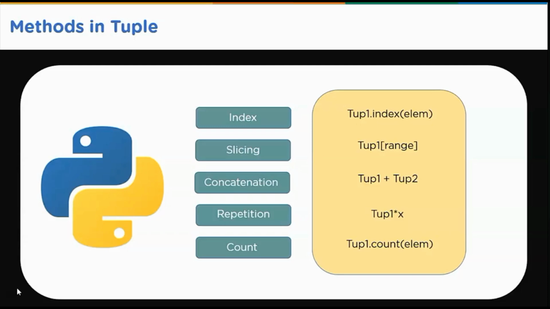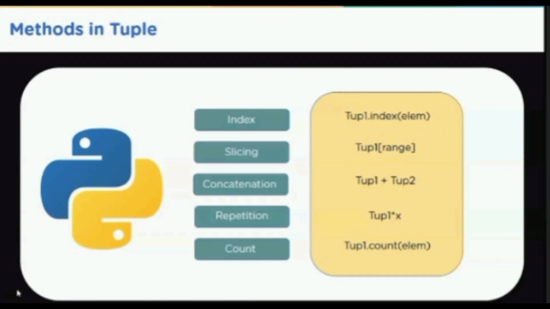For that, we have the syntax tup1.count and in round brackets we write the element for which we want to count the occurrences. We also have another method, that is index. It searches the tuple for a specified value and returns the position where it was found. Now let's move to Jupyter Notebook to explore these methods.